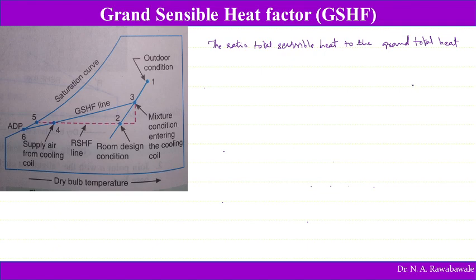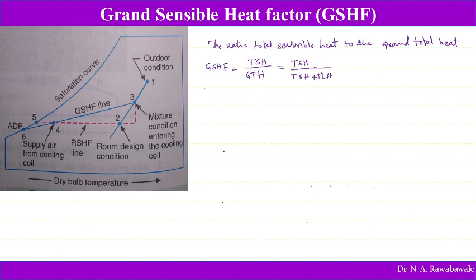So now mathematically, grand sensible heat factor is given as total sensible heat divided by grand total heat, or this can be given as total sensible heat divided by total sensible heat plus total latent heat.